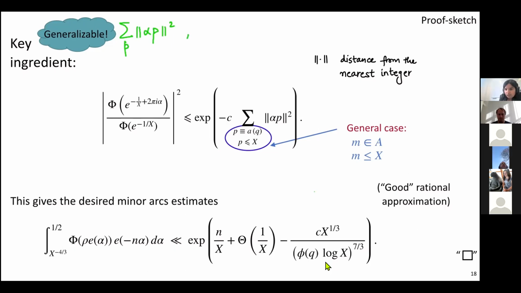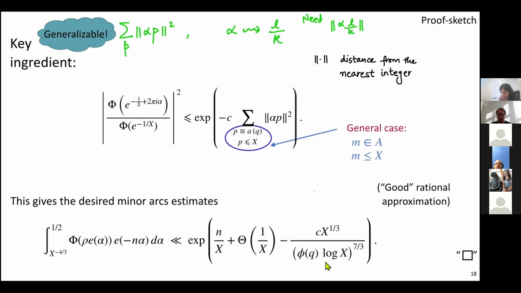Once you have the Dirichlet approximation theorem, you can say that alpha is close to some rational number, and let's call this rational number L over K, for example. Now I need to find the nearest integer distance of alpha, L over K.